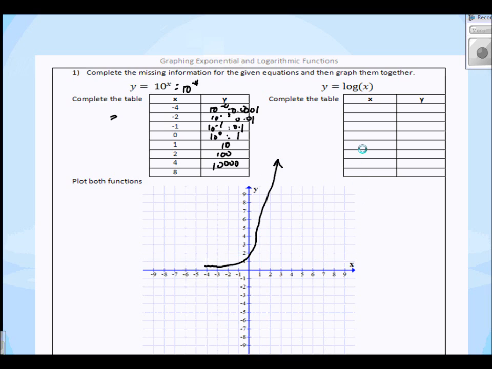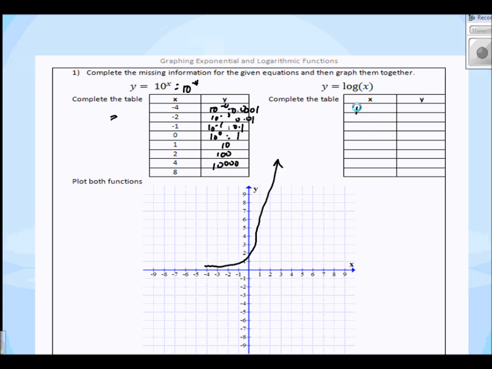Now let's do the same thing, but this time I'm going to switch my x and y values. Remember what we did when we learned square root functions, finding the inverse of quadratics and so on. We switched the values of x and y, and we have reason to do that now. I'm going to put all my x values into my y column. Before I do that, I'll do my y values first.